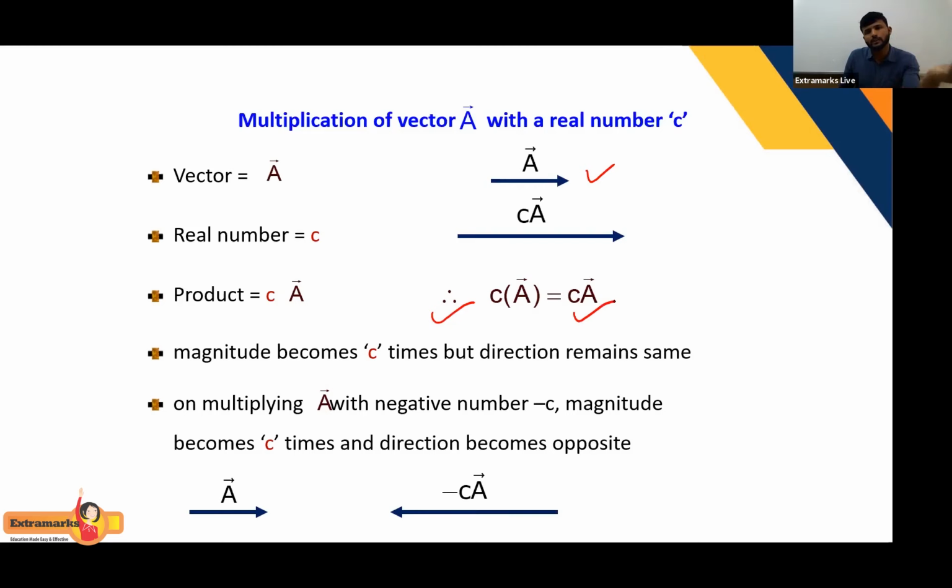The magnitude becomes C times, it enhances or decreases depending on the value of C.